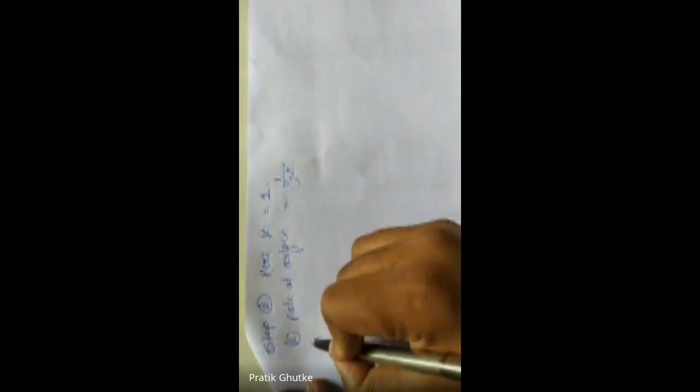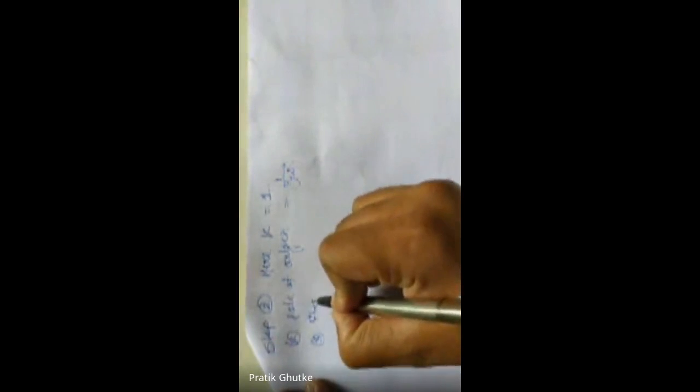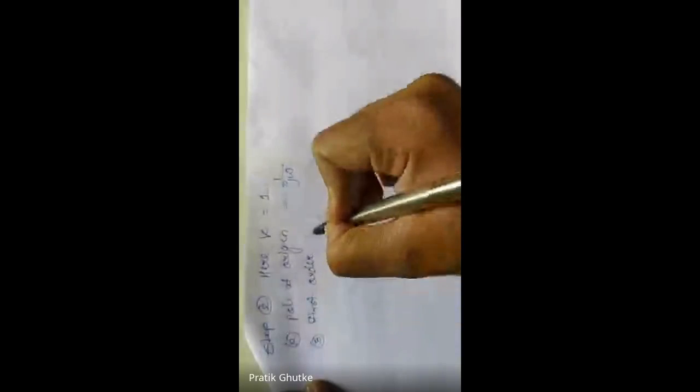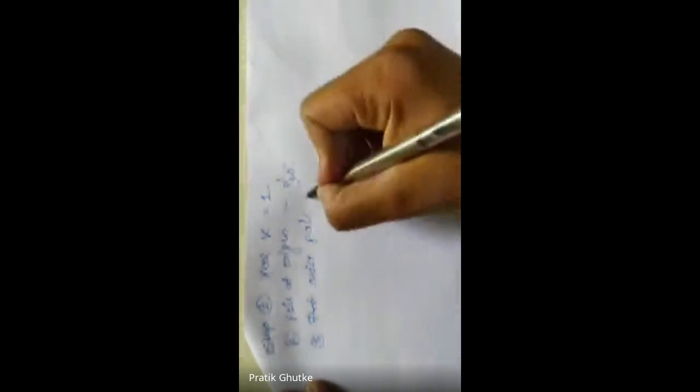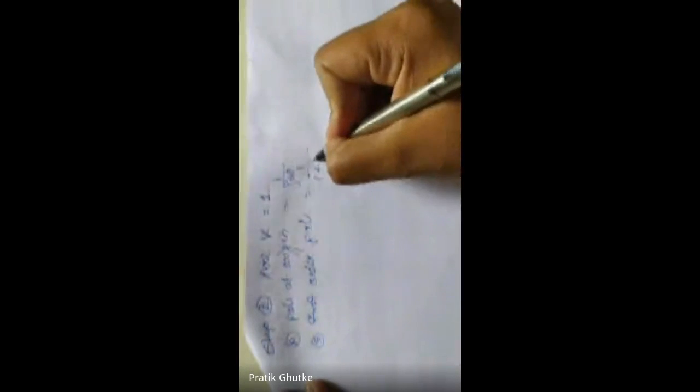Then I will check for first order poles. My first order pole is 1 divided by 1 plus j omega.